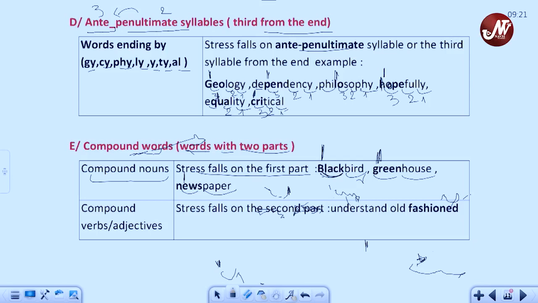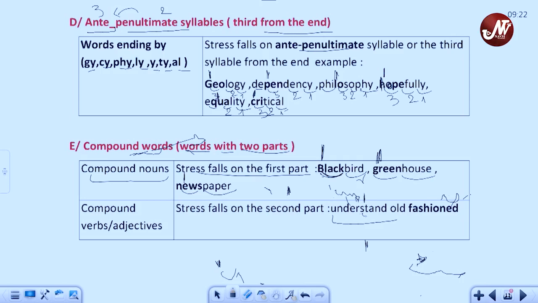Now, if we have compound verbs or adjectives, the stress falls on the second part. Let's take an example. Understand. So under and stand.